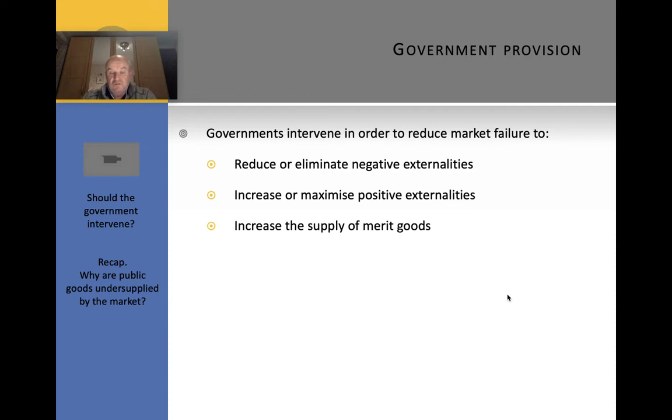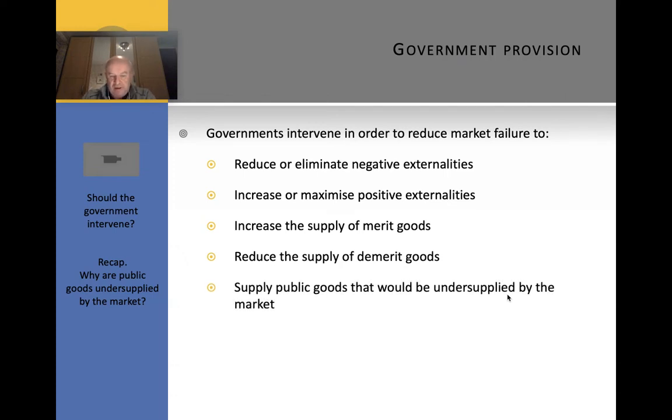It could also be used to increase the supply of merit goods, and we'll look at merit goods and demerit goods in a minute, but also to reduce the supply of demerit goods where there is a social cost over and above the price of the good involved. Also supplying public goods that might be undersupplied by the market. If the free market was left to its own devices, then in some cases some public goods may not be provided, although there may be a very good reason why they should be provided.